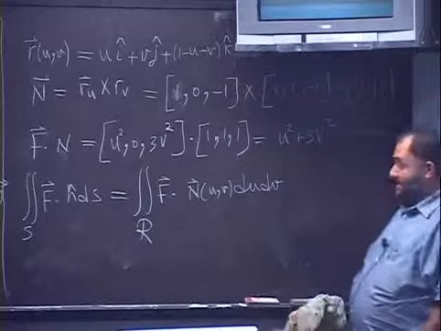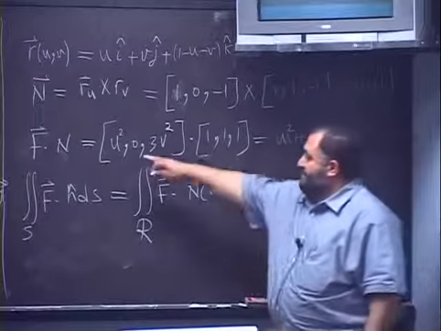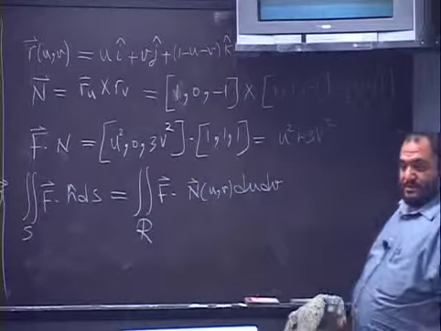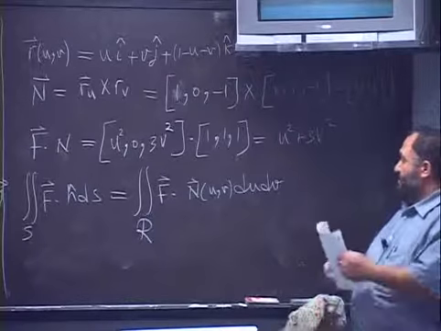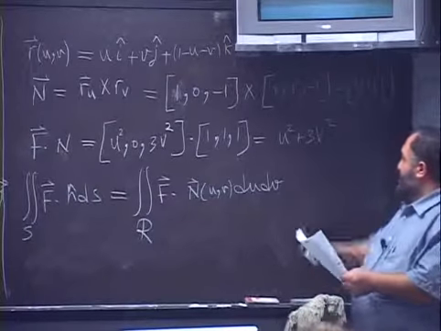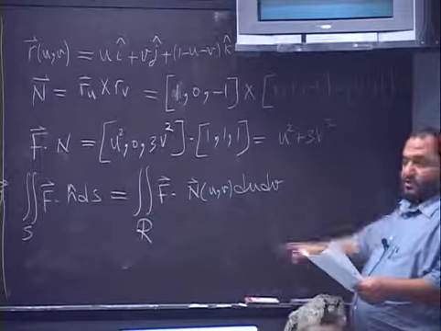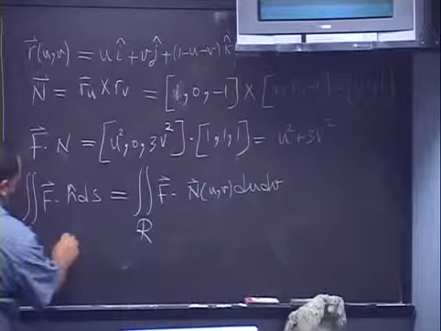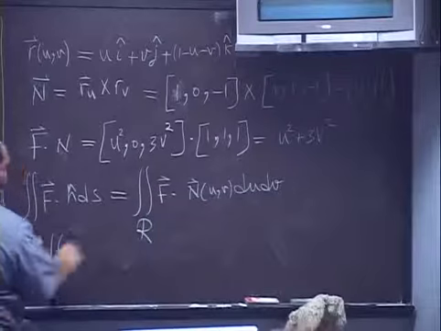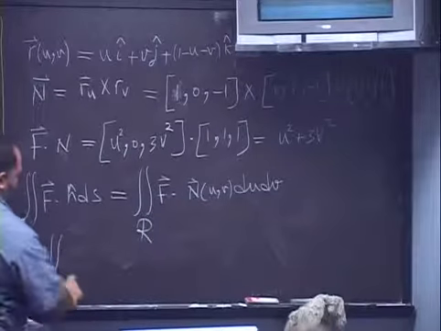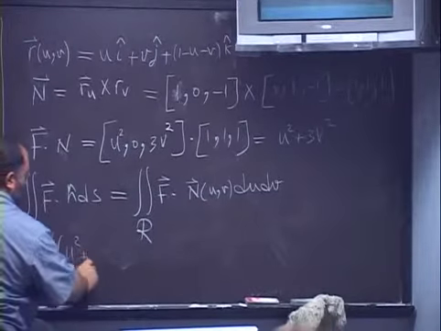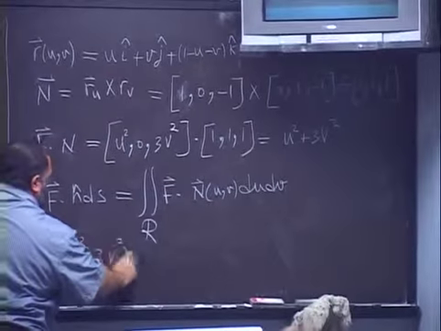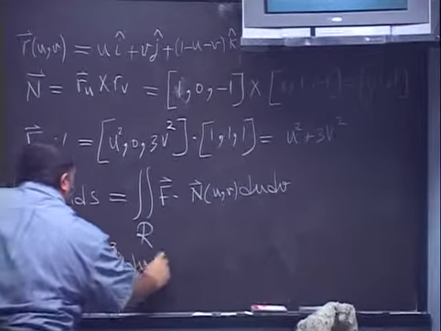Yes? So we have n. Yes, guys? And we have f. Then all we want to do now is to integrate over the region R. What's f dot n? U square plus 3v square du dv.